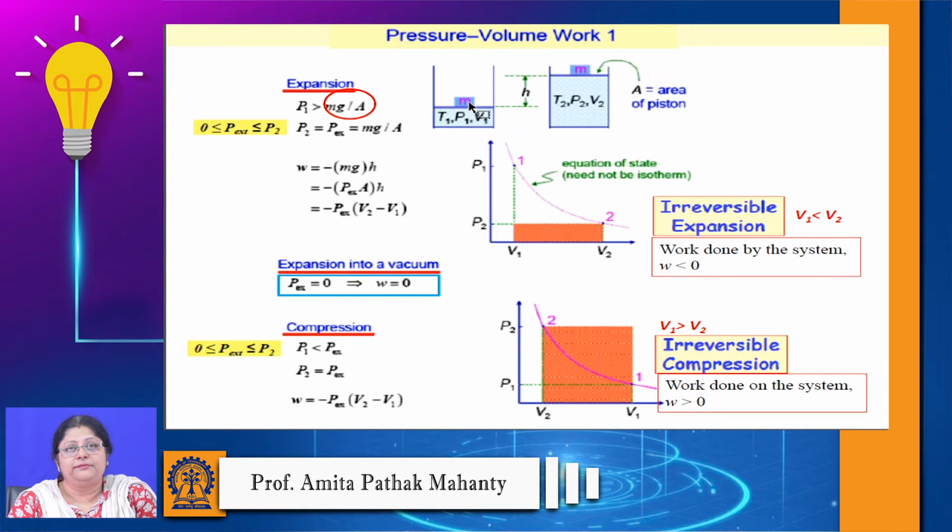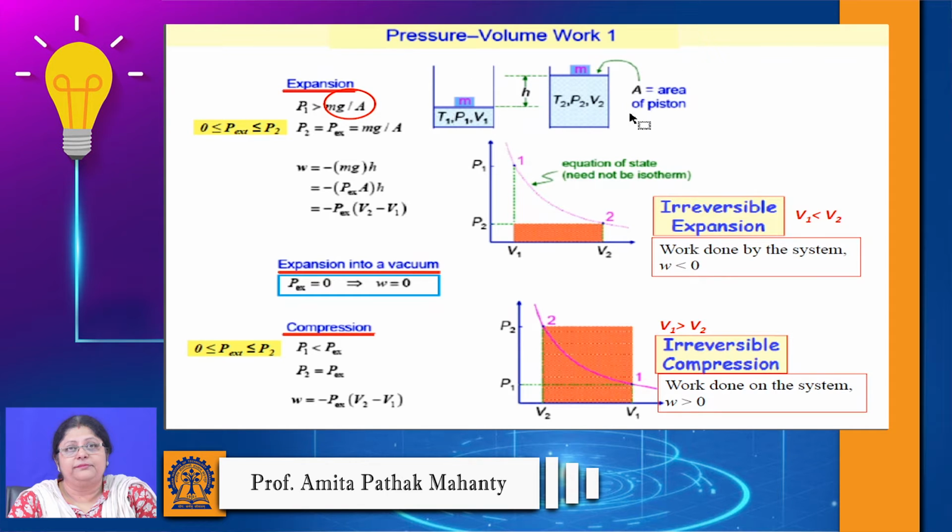You compress the gas, and that is possible only when the gas pressure is lower than the external pressure. If it is more, then it's going to push the lid up. So mg by A should be much more than the pressure of the gas inside. I have not drawn the diagram for the compression process.